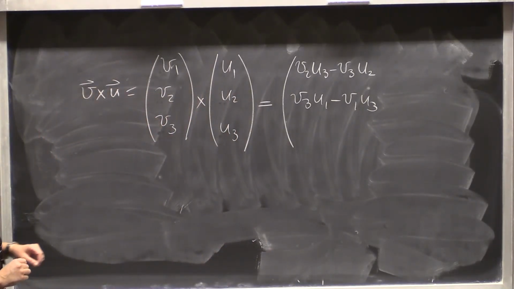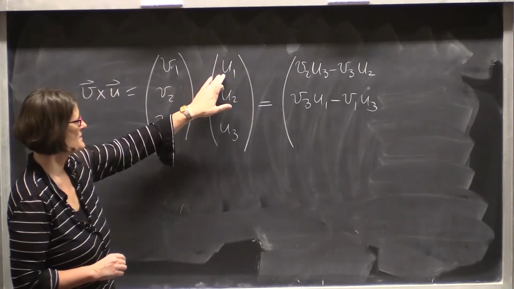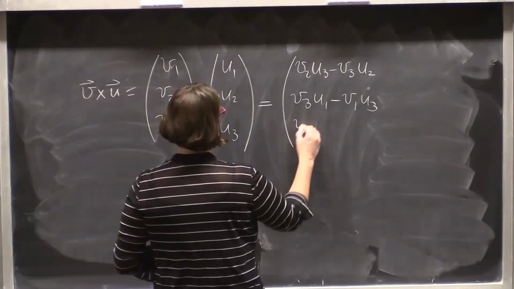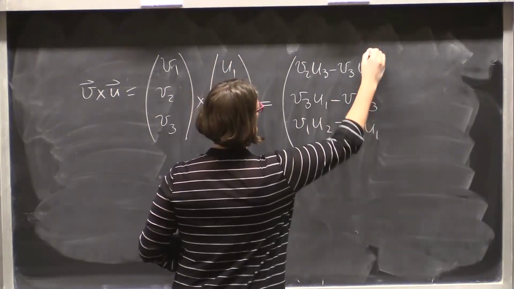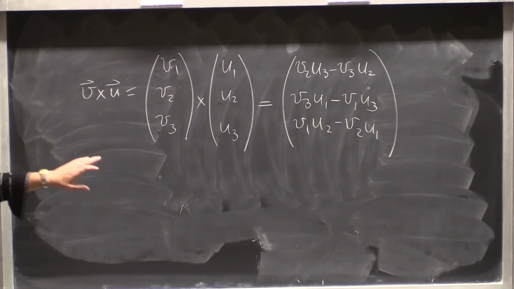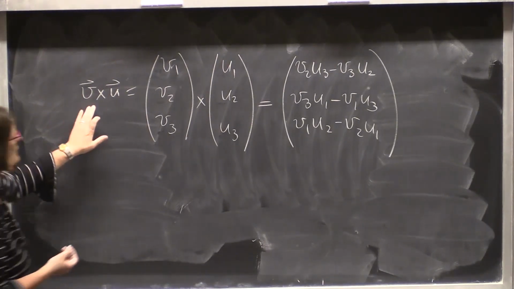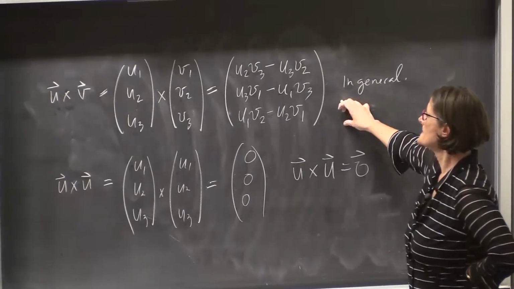The third entry is this times this minus this times that. So that's v1 u2 minus v2 u1. So here I've got v cross u, and here I have u cross v. How are they related?